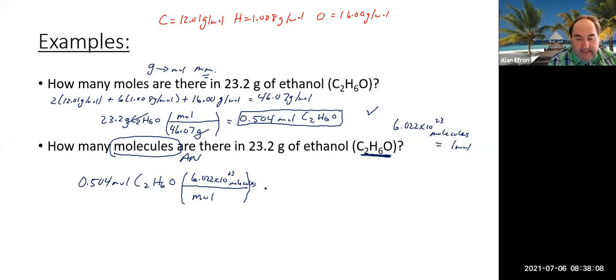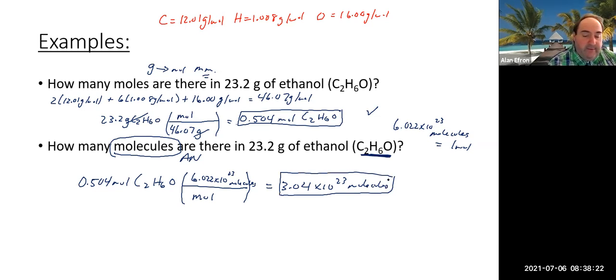Gives us, if you use the rounded number, 3.04 times 10 to the 23 molecules. If you don't use the rounded number, you might end up with 3.03. Any questions on grams, moles, molecules, how to solve for the whole thing, individual elements? Any questions on any part of that?